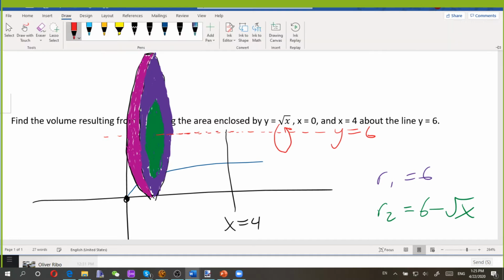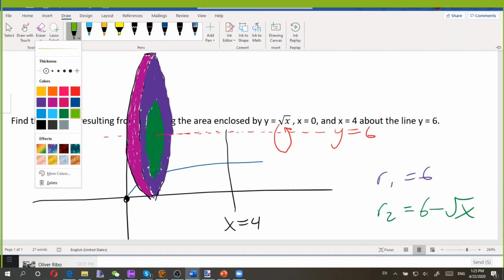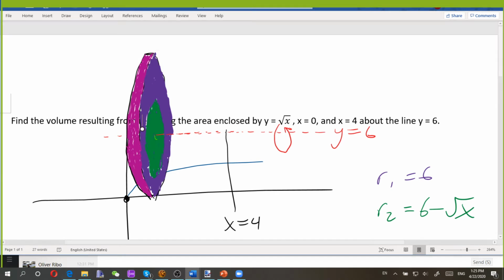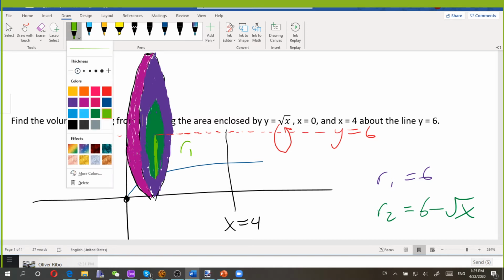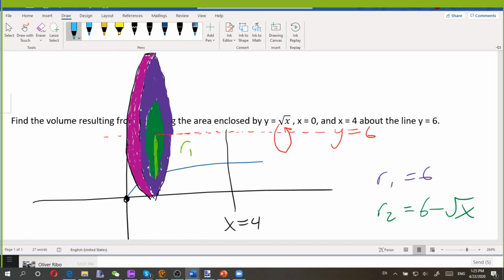Okay, so I've got our radius here for the green disk is R1. And our radius here for the purple disk is R2.